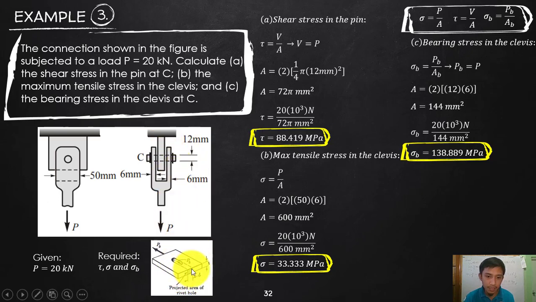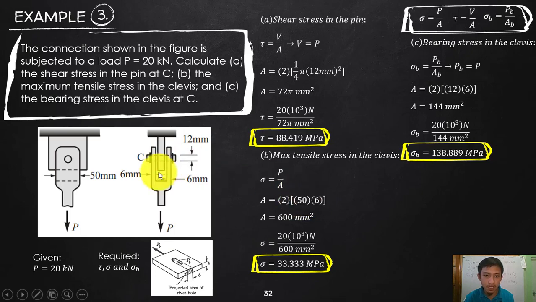This length here is 50 millimeters, that is the width of the clevis. And the thickness of this part of the clevis, which is the same as that, is 6 millimeters. So the area is the area of this and that, so 2 times the width, which is 50, times the thickness of this one part of the clevis, which is 6.